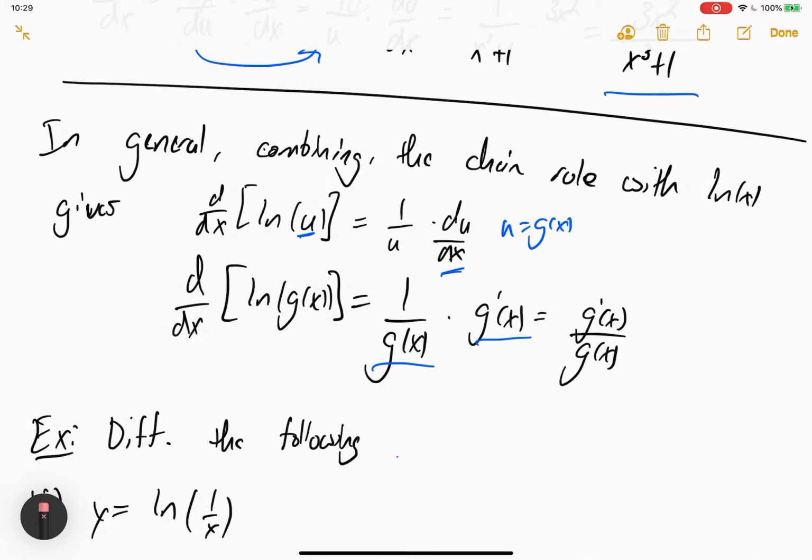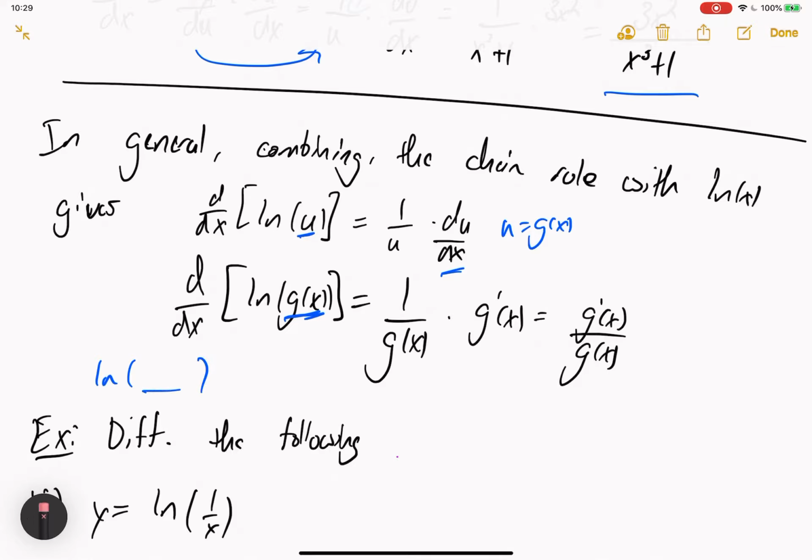And I actually have a way to say this that I tell myself all the time. I literally do it whenever I do these derivatives, because a lot of times, if it's clear what it is, or if it doesn't require a lot of brain work, it's fine. But if g of x is complicated, then this is what I'll do in my head to make sure I understand everything properly. I usually call the inside the argument, because if you just write ln like that, you have to have some argument there.